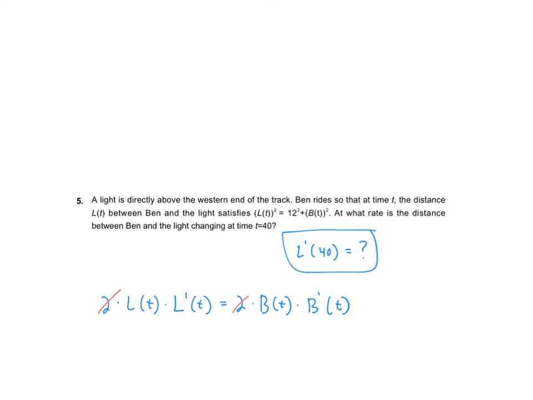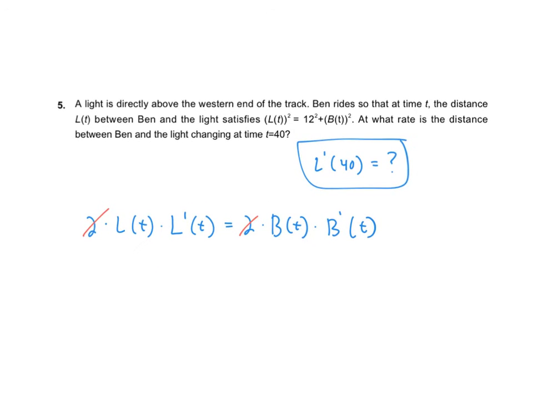Okay, I'm going to cancel out those 2's, and then I'm going to plug in 40 for all the t's. And now we have to solve for this. So hopefully we can get these other 3 values, and then we'll solve for L prime of 40.